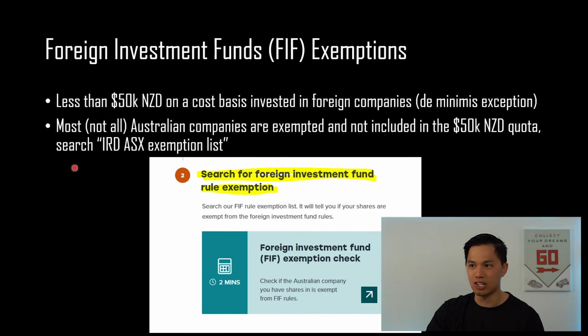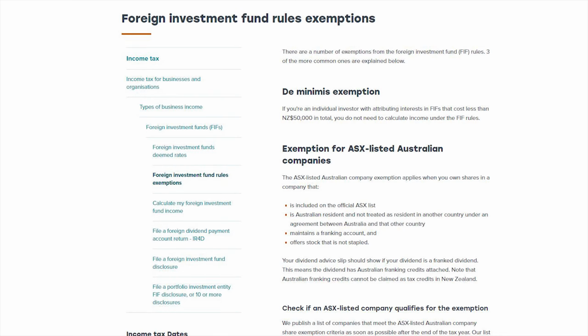Now you can search this on the IRD website. Just Google IRD ASX exemption list and type in the ticker and they'll be able to tell you whether or not it is taxable under FIF rules. Now, there are a few other exemptions that I've not included in this list because they are less common. So if you want to make sure or check it out, you can Google IRD's Foreign Investment Fund Rules exemption page, or you can seek out advice from a tax accountant.